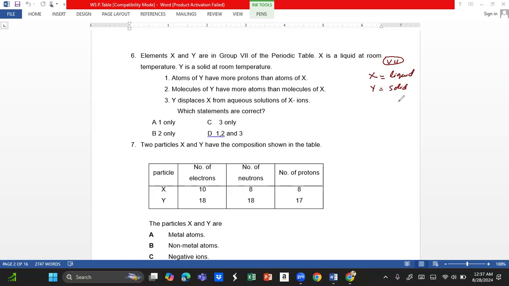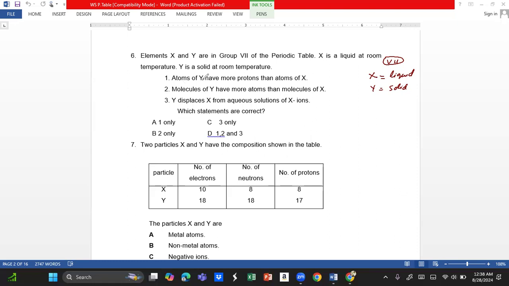In group 7, down the group, the physical state changes because of the increase in masses and intermolecular forces. Although the intermolecular forces overall are weak, they still increase with the increase in size of molecules.